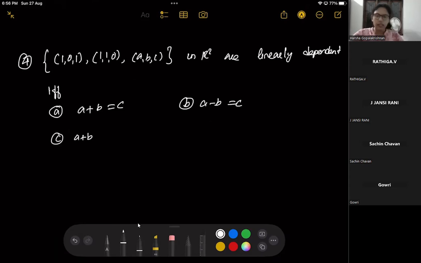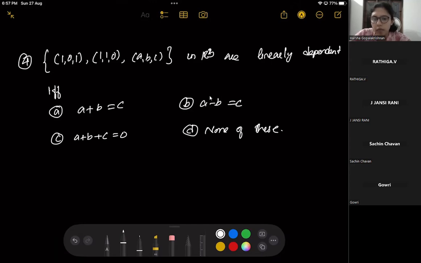Here a set in R3, not R2: the vectors (1, 0, 1), (1, 1, 0), (a, b, c) in R3 are given, and we need to find the condition on a, b, c such that it is a linearly dependent set.